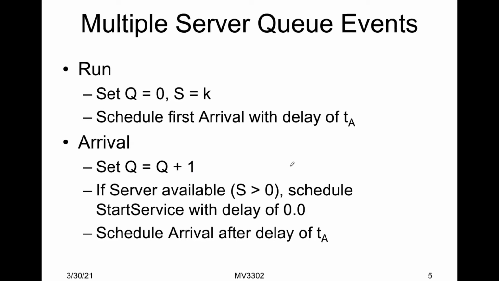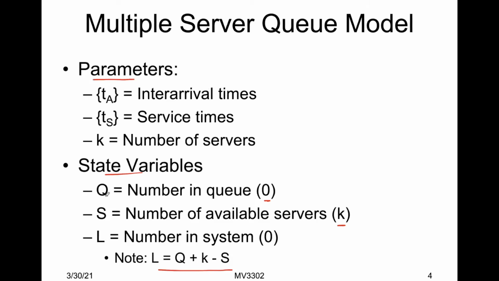Okay, so now let's define our model, our state transition. So first, we always have a run event. And the run event always sets the state variables to these initial values.